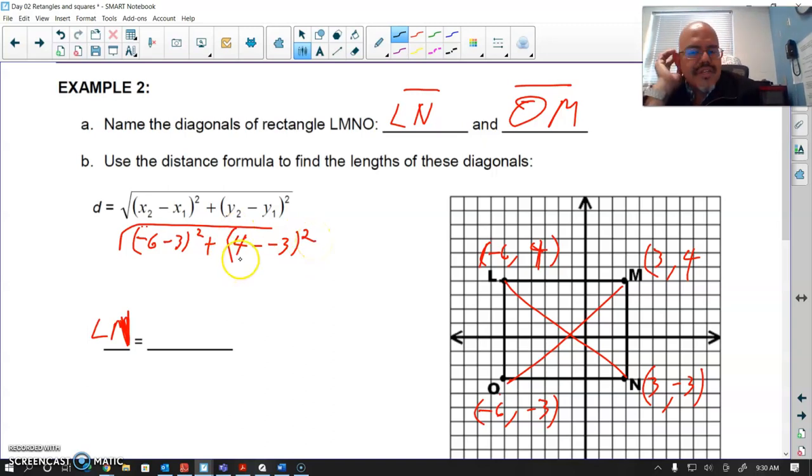So that's going to be positive 7 squared, plus, are you sure that's a 7? Let's see, 1, 2, 3, 4, 5, 6. Yeah, that's 6. I'm just making sure something, guys. Negative 3. Yeah, everything's correct.